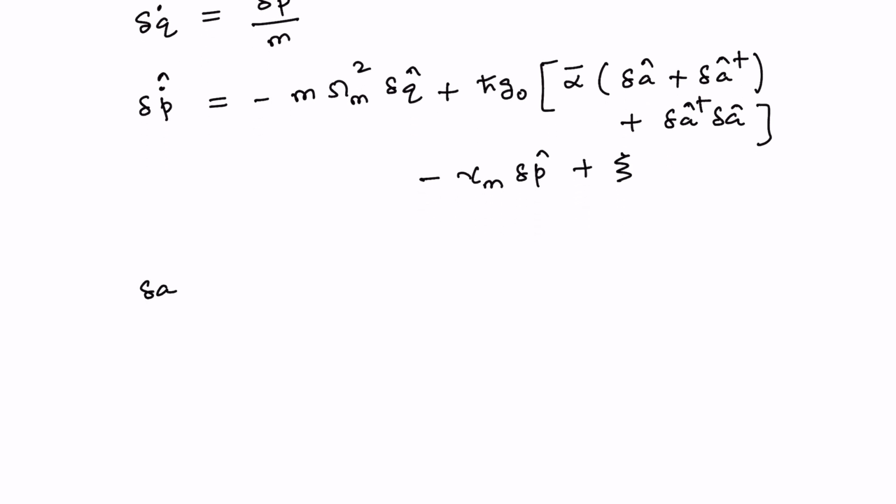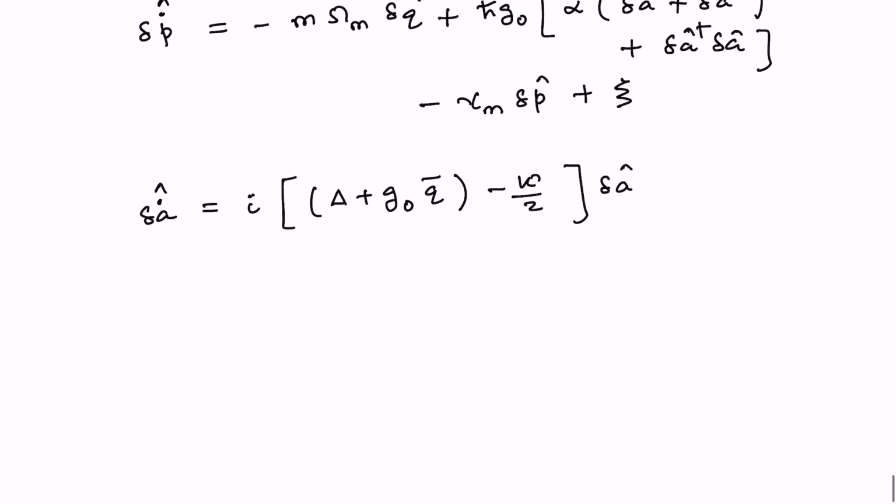And finally you are going to have delta A dot is equal to i times delta plus z0 q bar minus kappa by 2 delta A, plus i z0 alpha bar plus delta A delta Q cap minus root kappa A in.